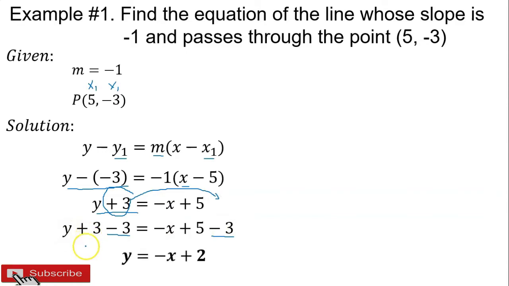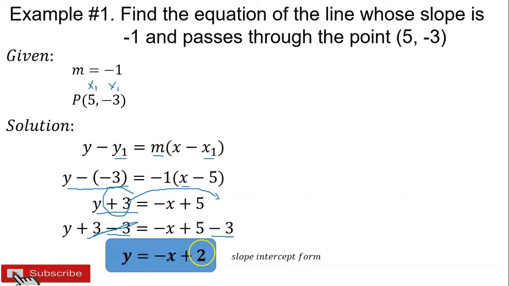So, we have now, simplify natin, y plus 3 minus 3. Cancel natin ito kasi 0 yan, so y na lang yung matitira. y is equal to, just copy negative x, and then 5 minus 3, that is equal to positive 2. So, we have y is equal to negative x plus 2.